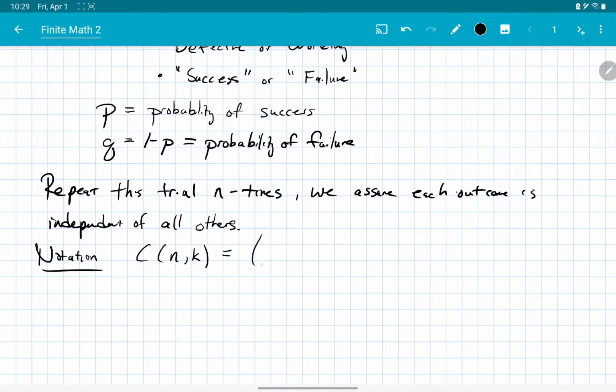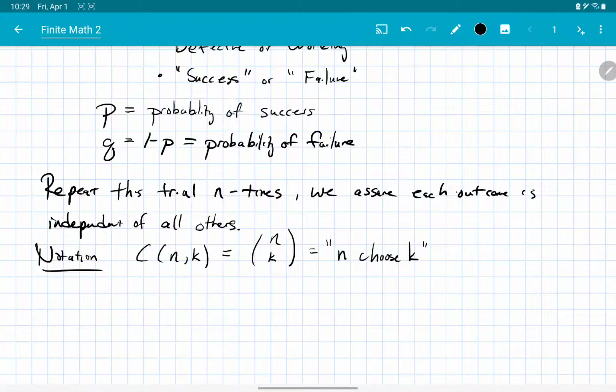The book is now going to switch notation for these and write this as a parentheses with an n on top of a k. Now there's no fraction bar in between. It's just an n over a k. And this is read n choose k. So instead of combination n, k, we're going to say n choose k. This is just the common way of referring to this.